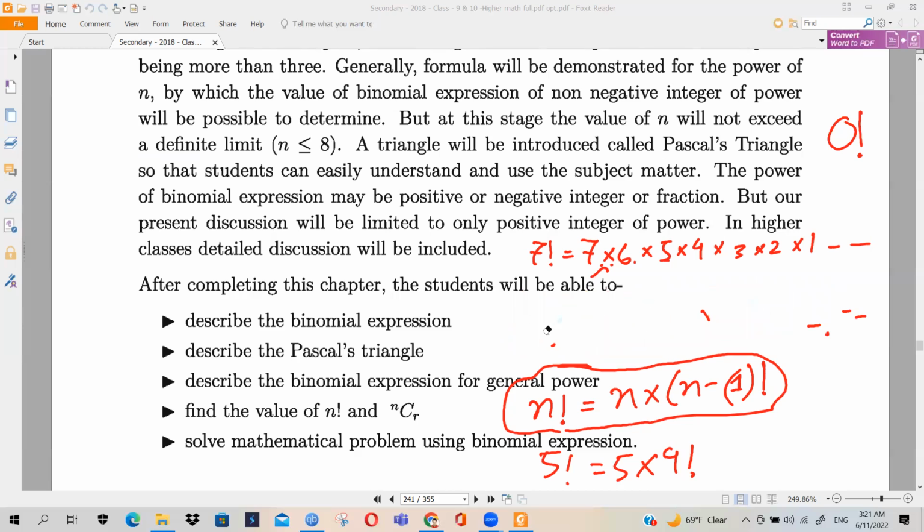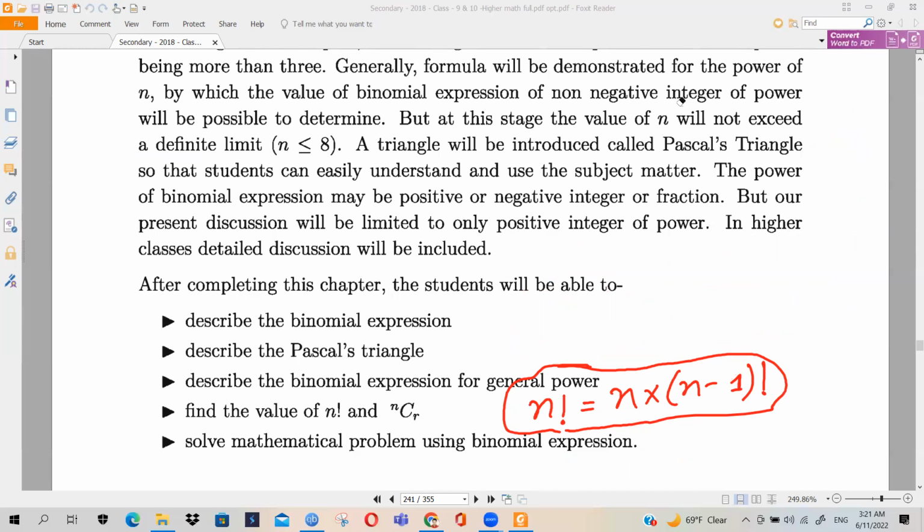The answer is very simple: just consider the value of n to be 1, not 0. So in that case, 1 factorial equals 1 times (1 minus 1) factorial, which means 1 factorial is equal to 0 factorial. So 0 factorial equals 1. This is a very important thing.